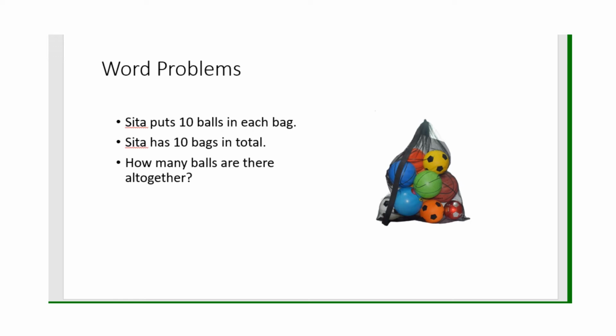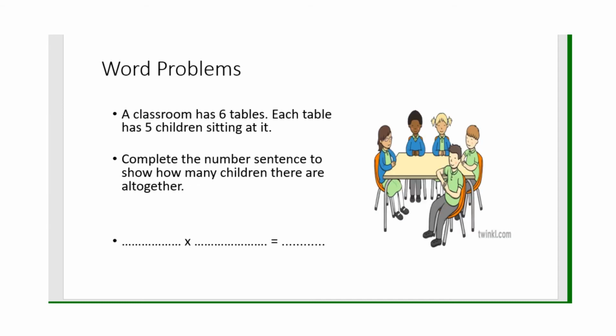So it would be 10 times 10. We know 10 times 10 is 100, and we could actually count on our fingers, because we've got 10 lots of 10: 10, 20, 30, 40, 50, 60, 70, 80, 90, 100. Just to double check. That would be good, wouldn't it?